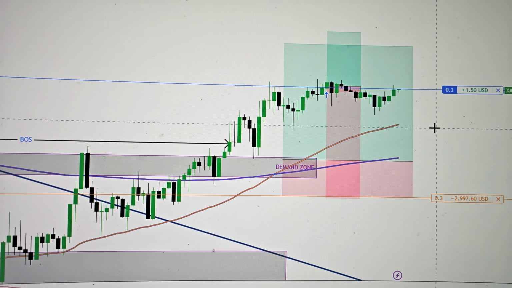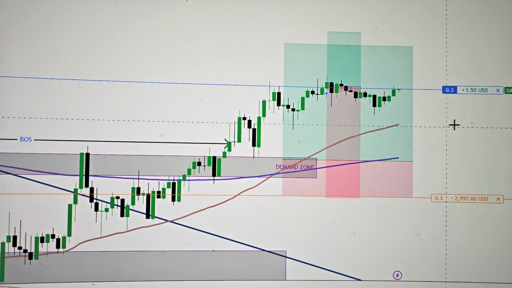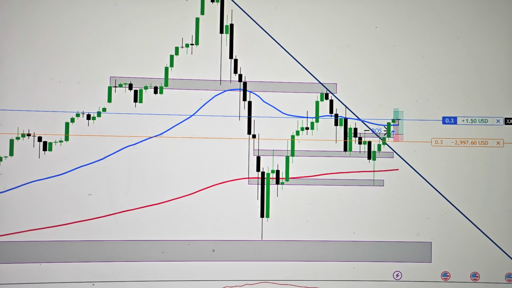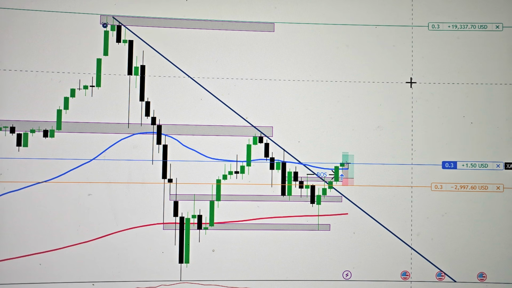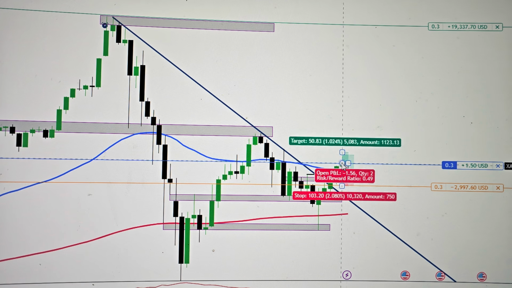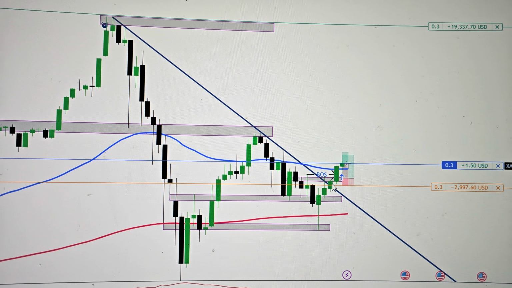So since it's a challenge account and we missed the first entry, what I did was I went on to the 4-hour time frame. This is a 4-hour time frame, and said, okay, I missed my first entry, and I'm looking at the 4-hour time frame. If I can get in right here, and then I put my stop loss below the low of the previous 4-hour candle at 0.3, so risking $3,000, I can just long it to the upside, to make $19,000.